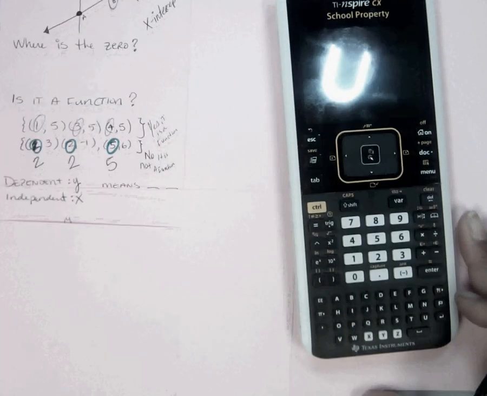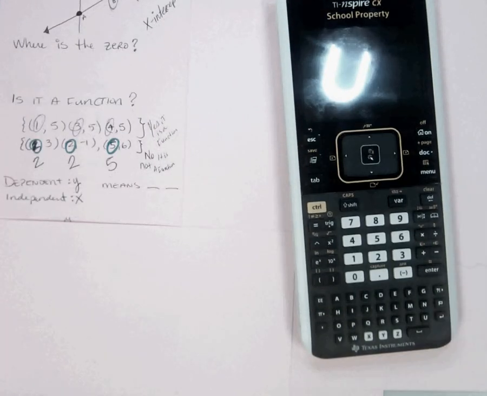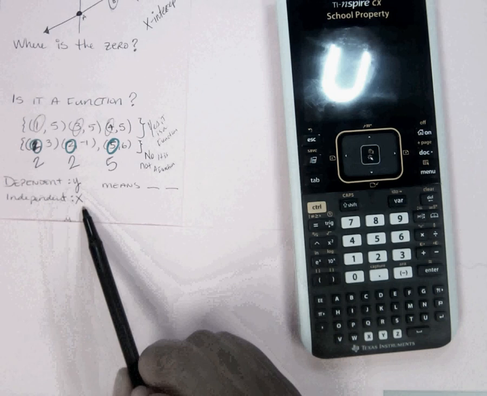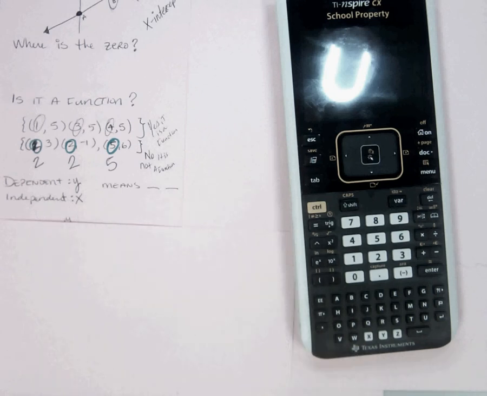Moving on. Dependent variable is Y. Independent is X. I told you the story to teach you this concept about your chores. Do I have to wash dishes? Do I have to fold the clothes? Do I have to take out the trash? Do I have to clean up my room? And why do I have to do all these things?